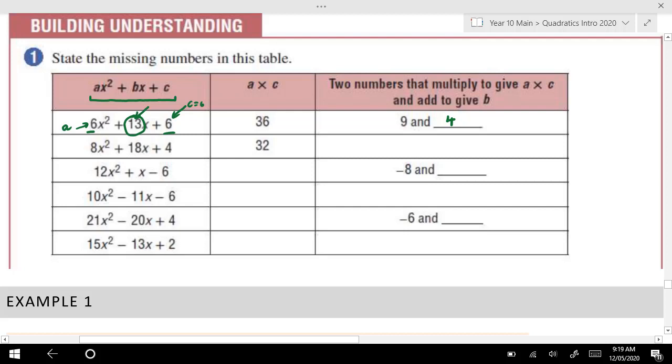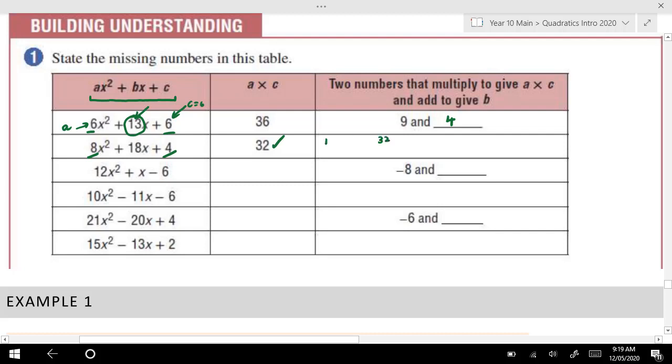We need to do this process really before we can understand how to factorize and group them. So this time, let's go. We've got 8 times 4, which is 32. We want two numbers which multiply to give 32. We can list the factors of 32.